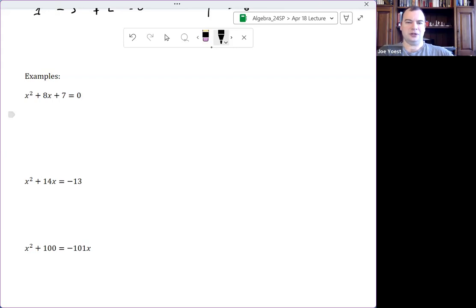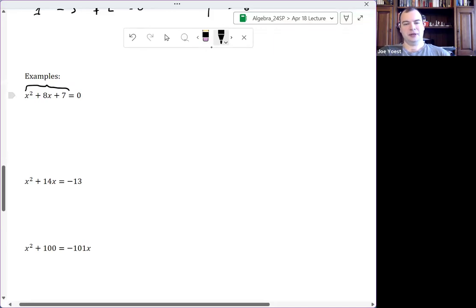Again, what I don't want to do here is start doing the linear equation approach where I try to isolate variable terms. I don't want to put the 7 on the right-hand side because then what do I do with x squared plus 8x? I'm not sure. What I want to do is get all of my stuff on the same side, which it already is. That's great. And then I want to factor.